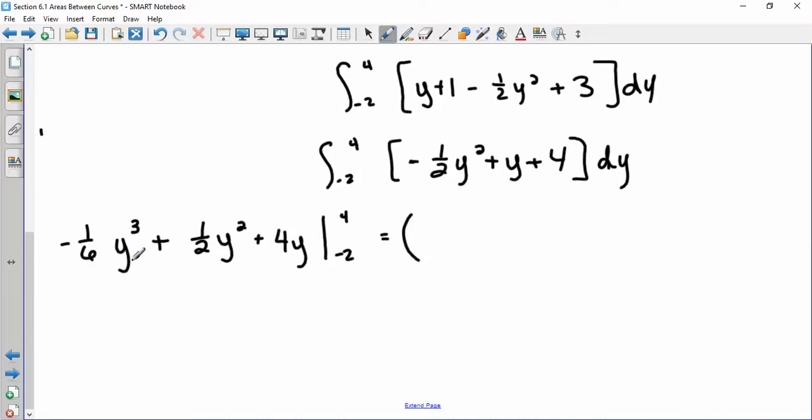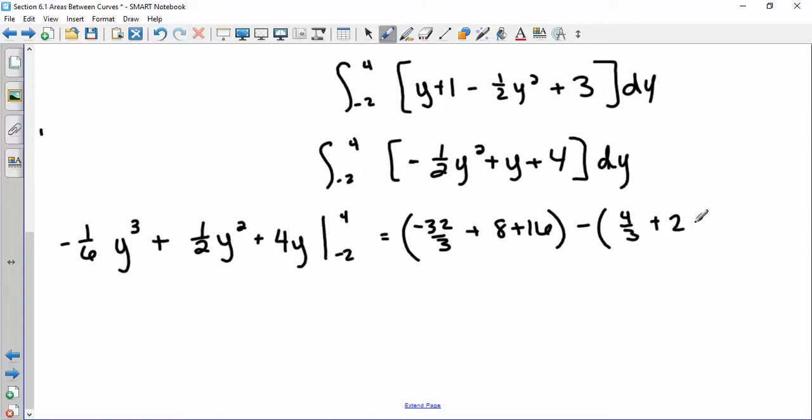Okay, so if we plug in a 4, 4 cubed is 64, so that would be negative 32 over 3. 4 squared is 16, times a half is 8, plus 16. Put in negative 2, negative 8 times negative 1/6 is a positive 4/3.